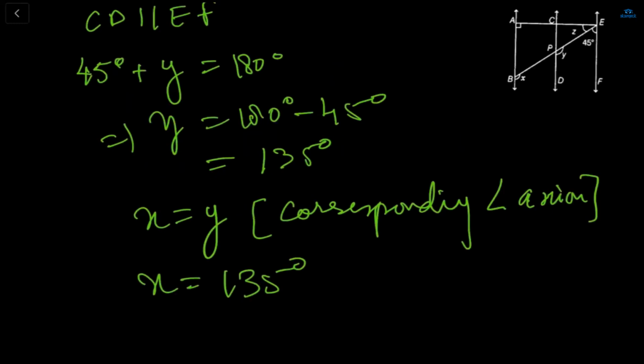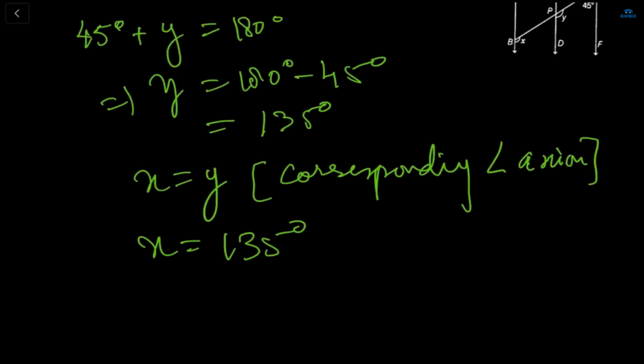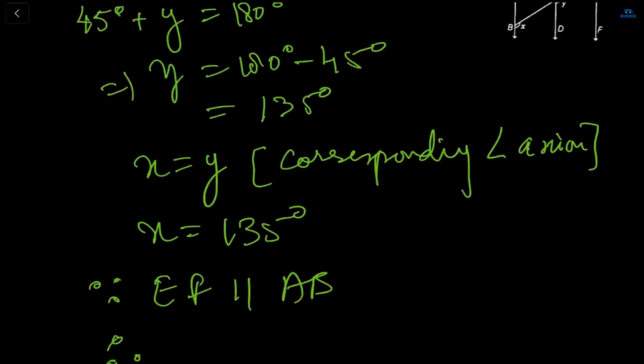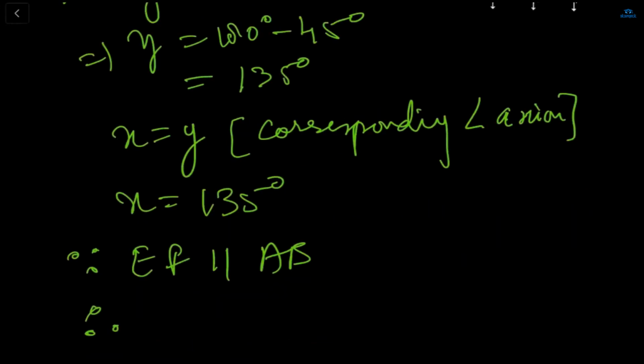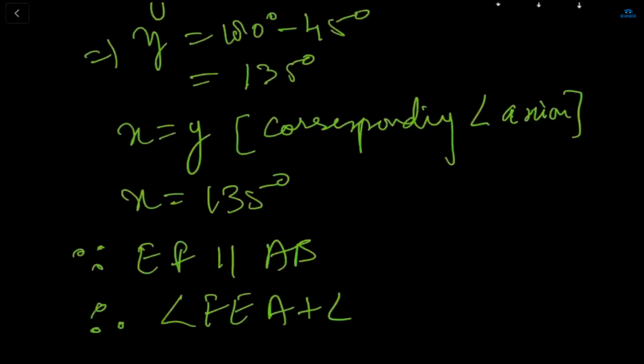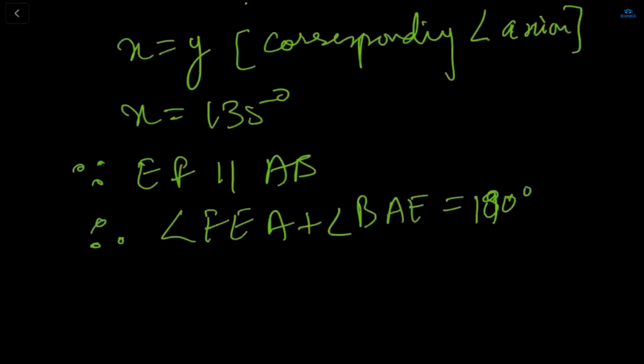Since EF is parallel to AB, angle FEA plus angle BAE will be equal to 180 degrees. Now FEA you can write as the sum of Z plus 45.